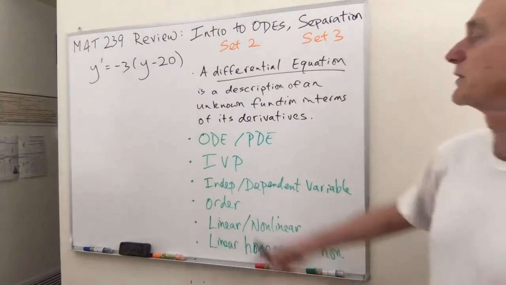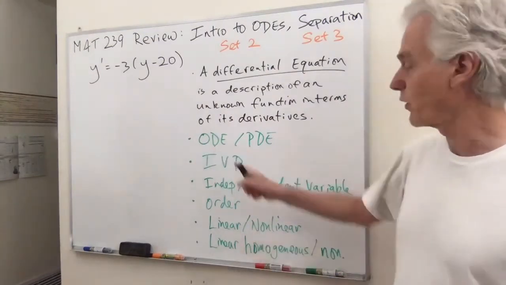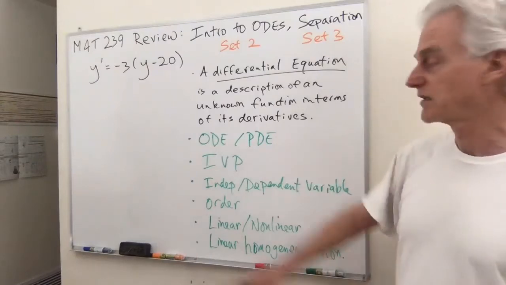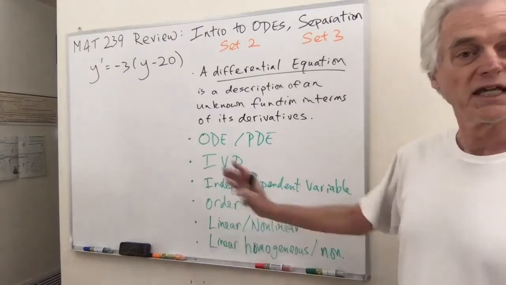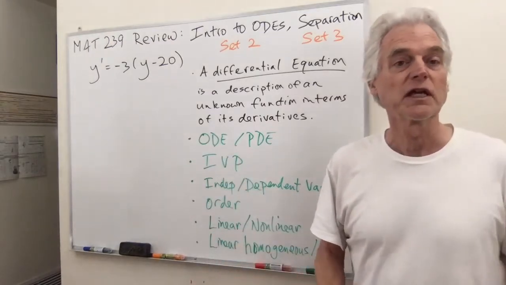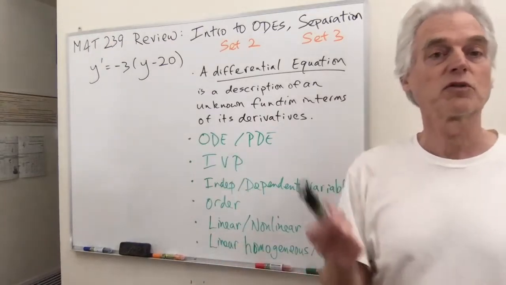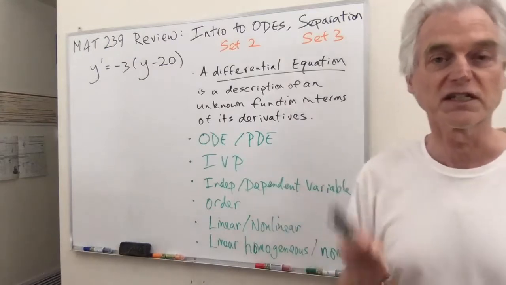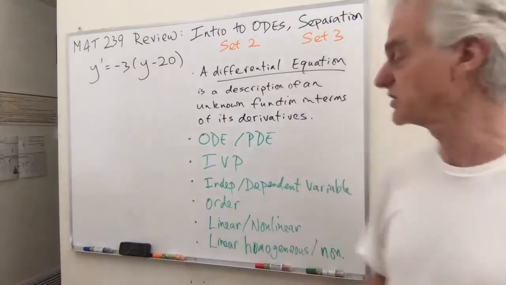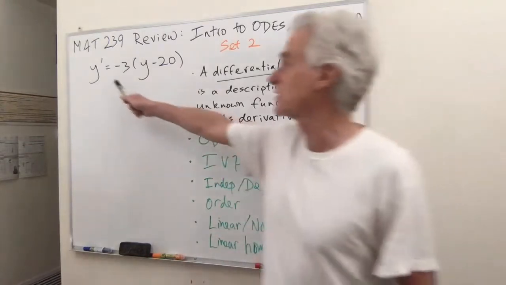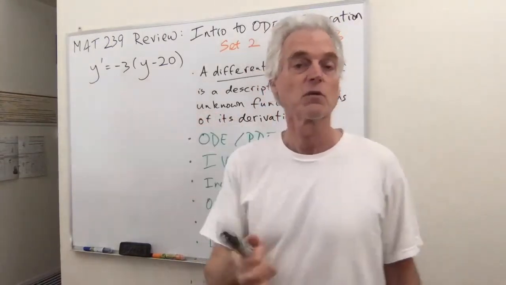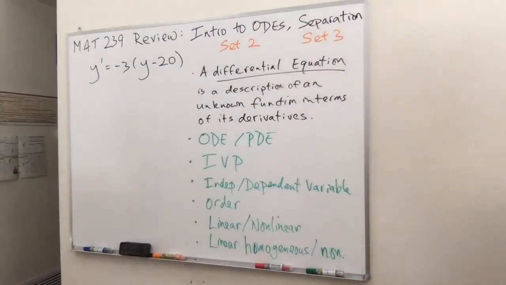We can have an ordinary differential equation or a partial differential equation, depending on if it's a function of one variable or more. An initial value problem is a differential equation plus one or more initial conditions. The number of initial conditions is the same as the order of the differential equation. Like this one is first order, one derivative, so it will have one initial condition.